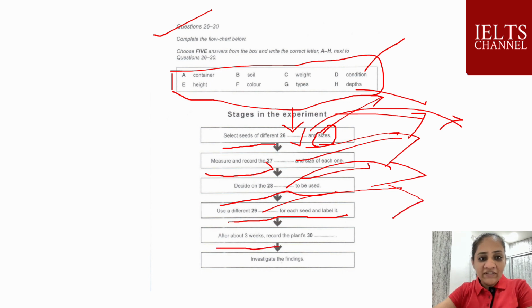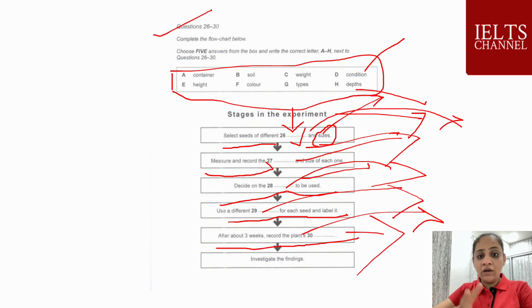After about 3 weeks, record the plant's dash. Record the plant's growth, plant height, plant's development. So plant's what? I have to focus on the adjective here, because plant is already a noun. What is needed is an additional, extra word related to the plant, as shown in the answer of 30.